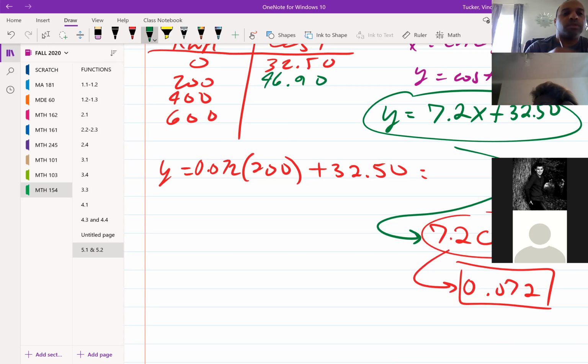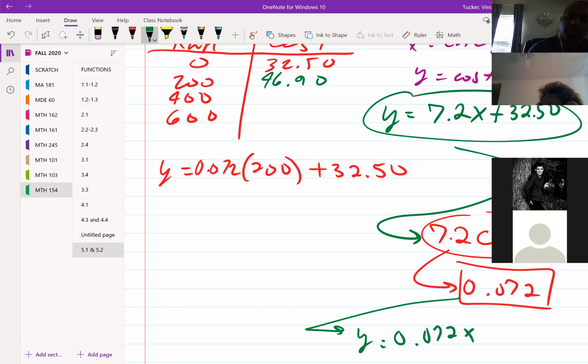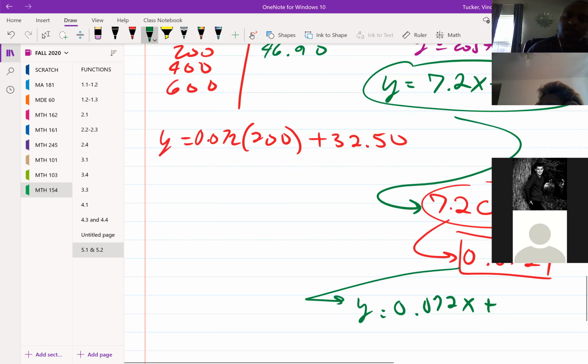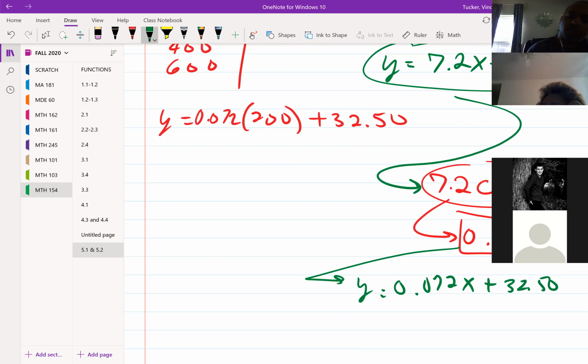So the actual function, let me write it like this, is y equals 0.072x plus 32.50.